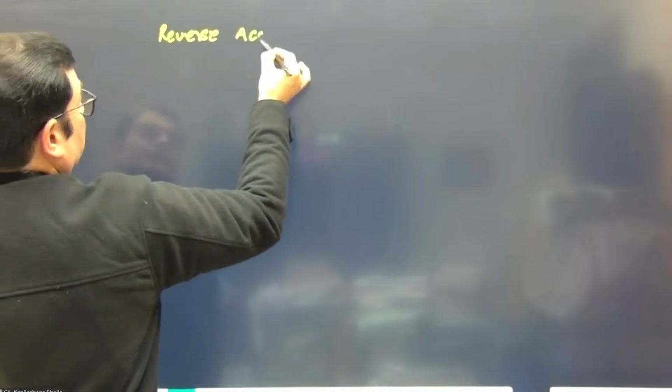Just to remind you, reverse acquisitions can result under two circumstances. Before I come to the accounting treatment, I need to remind you that there were two circumstances when a reverse acquisition could arise, and we're going to do questions on both areas.